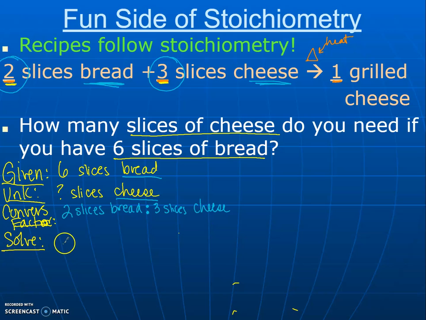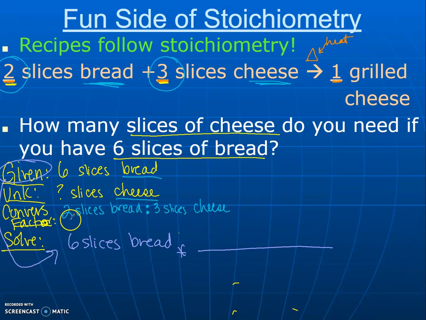When we solve this, you always start with what is given. They give you where to start, so I'm going to do 6 slices of bread. Since I have one conversion factor, I need to put the 2 and the 3 in the correct place.